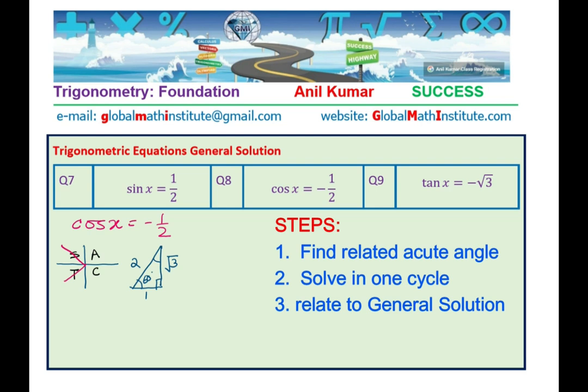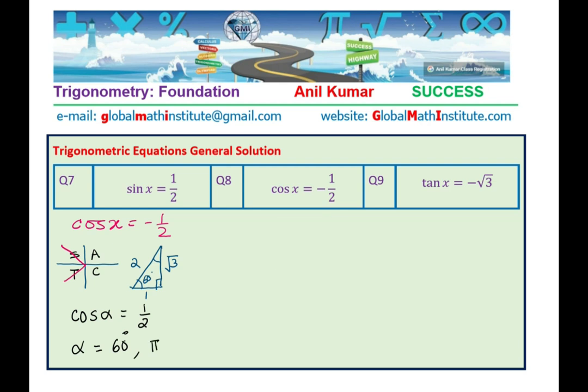So now from here, related acute angle, cos of alpha equals to half. Related acute angle means less than 90 degrees, and in quadrant 1, all are positive. So even if we want to find a negative half value, we have to find cos alpha as half, correct? Makes sense. So that gives you an angle of, in this case, 60 degrees, or you can say pi by 3.